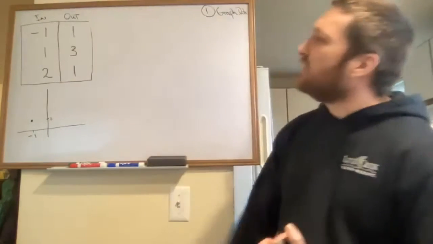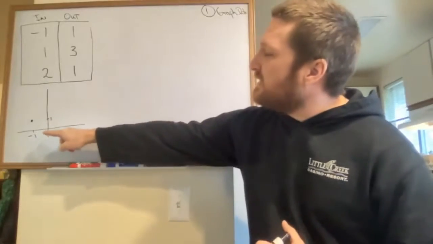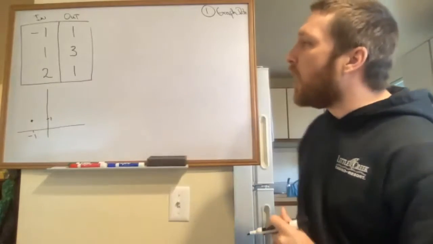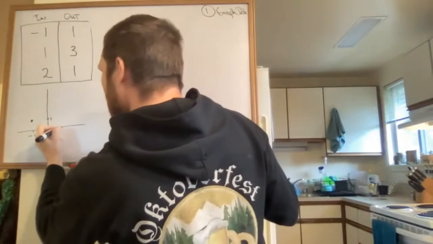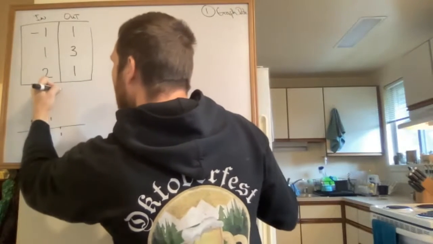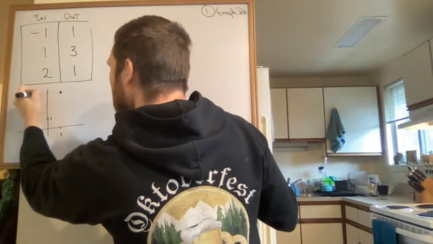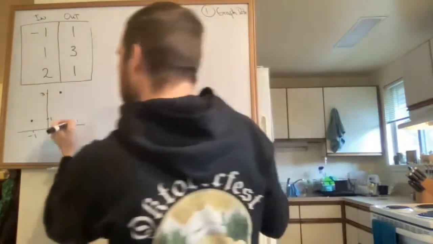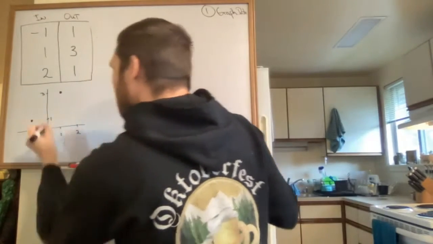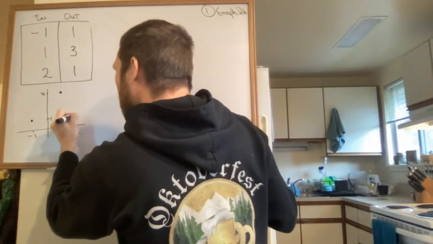Okay, so input is -1, output is 1. Okay, this says when my input is +1, my output is 3. This says when my input is +2, my output is 1.